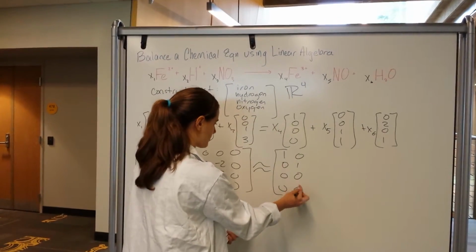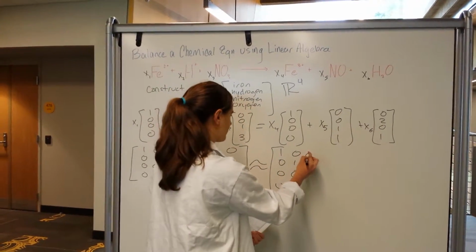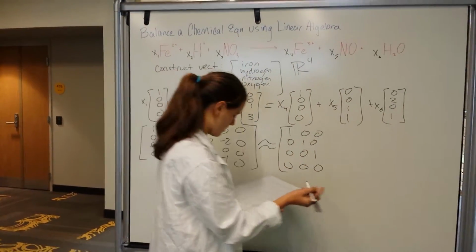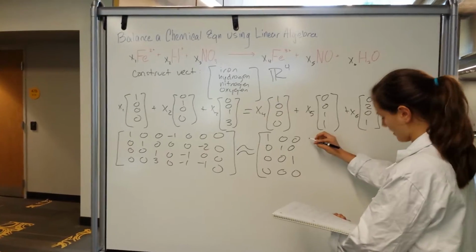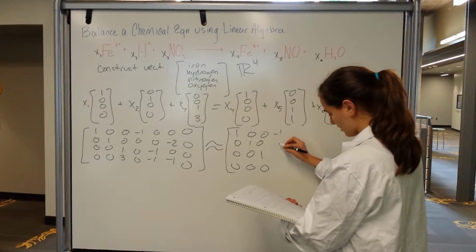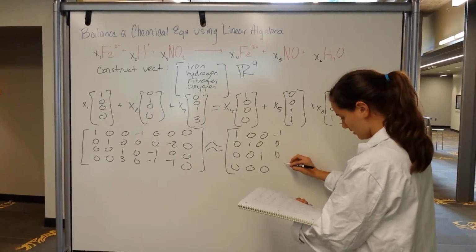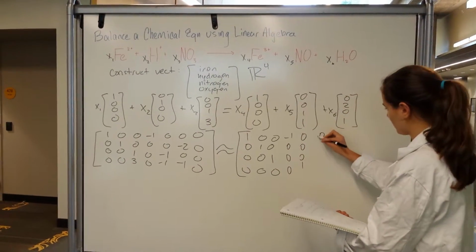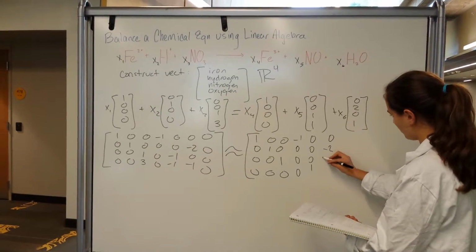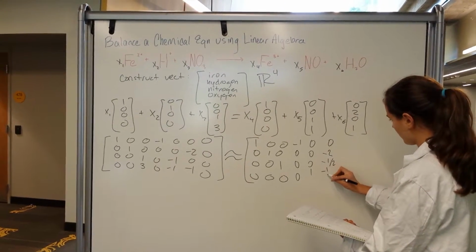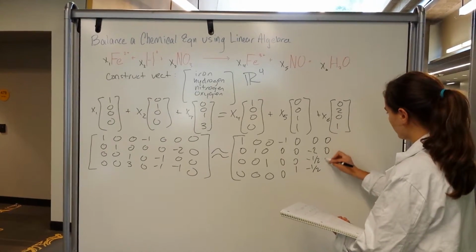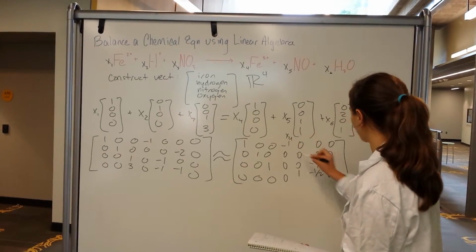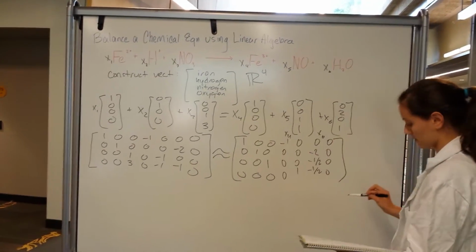And you can use elementary row operations to find the reduced row echelon form, but this is a little easier and more accurate, so we're going to do it this way. 0, 0, 1, 0, negative 2, negative 1 half, 0, 0, 0. So we have some free variables. Here we have x4 and x6 as our free variables.